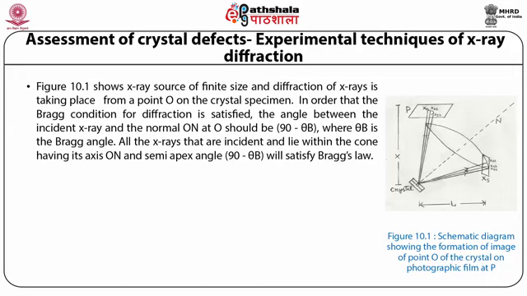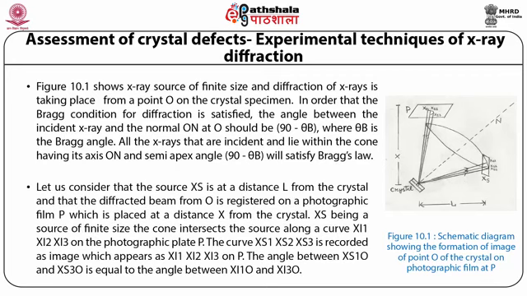In order that the Bragg condition for diffraction is satisfied, the angle between the incident X-ray and the normal ON at O should be 90 minus theta b, where theta b is the Bragg angle. All the X-rays that are incident and lie within the cone having its axis ON and semi-apex angle 90 minus theta b will satisfy Bragg's law.